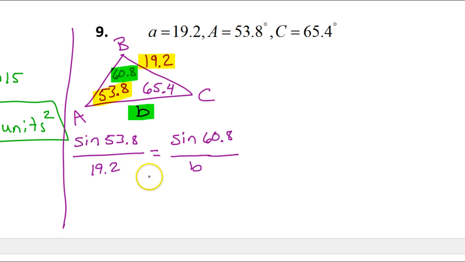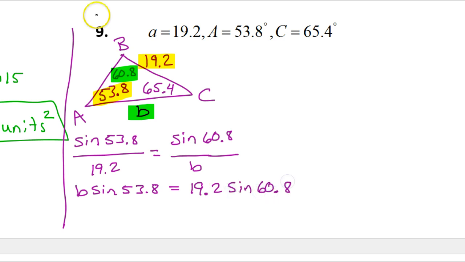A little cross multiplication. Along this diagonal, I'm going to get B sine 53.8. And then along this diagonal, I will get 19.2 sine 60.8.